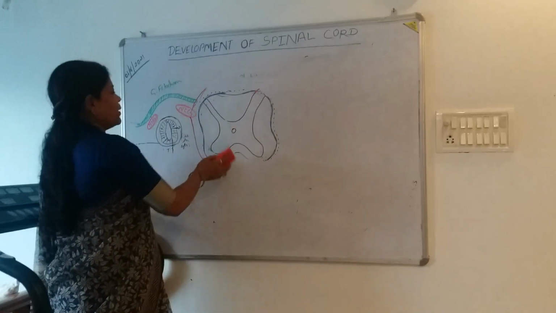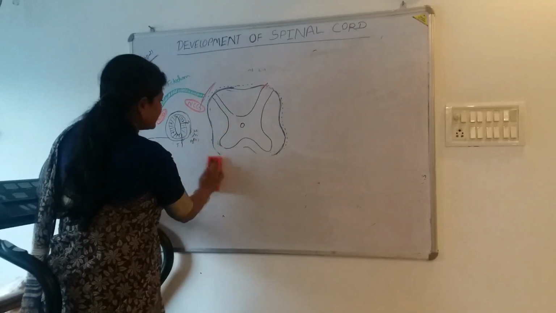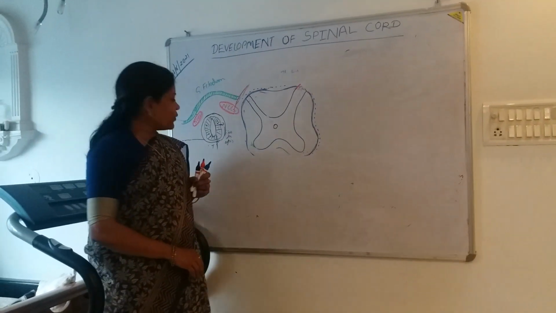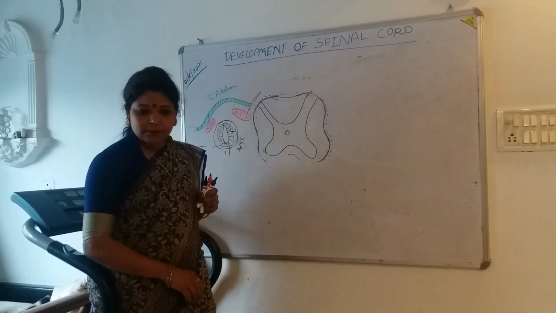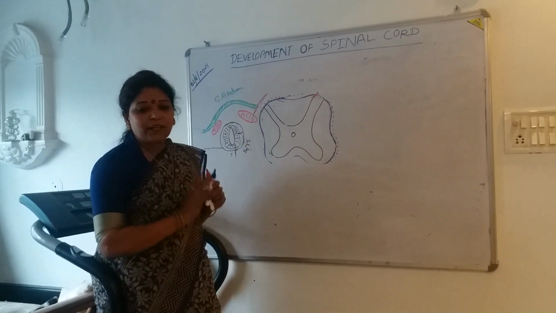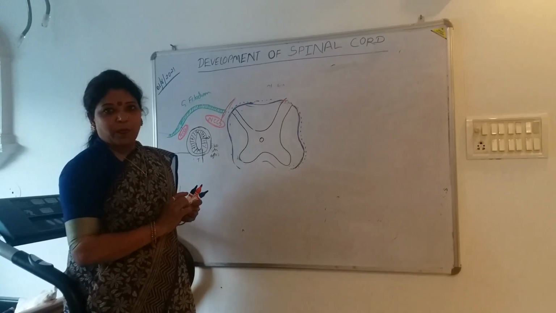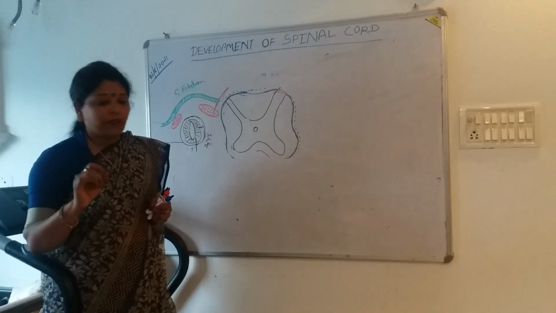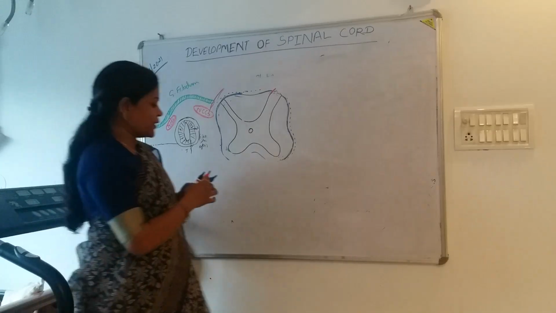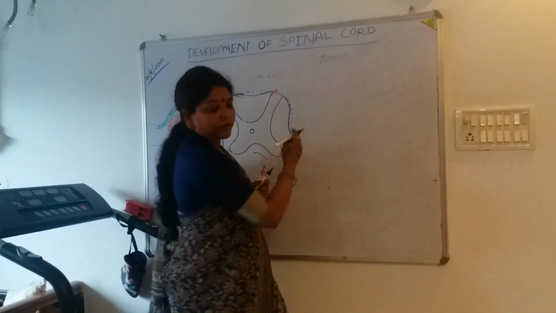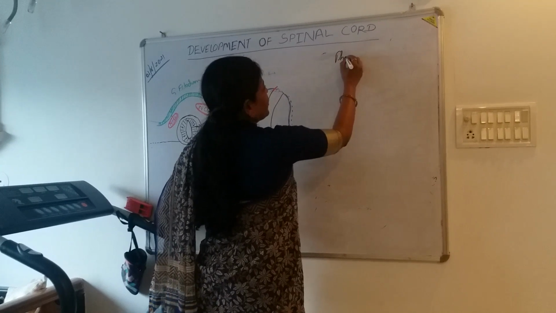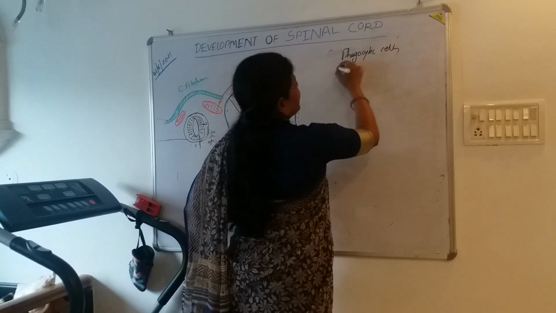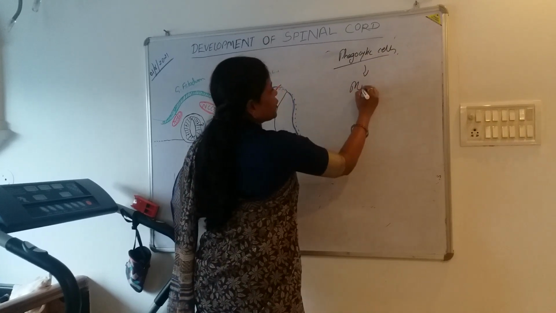Very good. Now come to a very important point. Have you heard the name of phagocytic cells? Is it present here or not? A very important question which is asked: the phagocytic cell present in the central nervous system. Microglial cells. Very good.